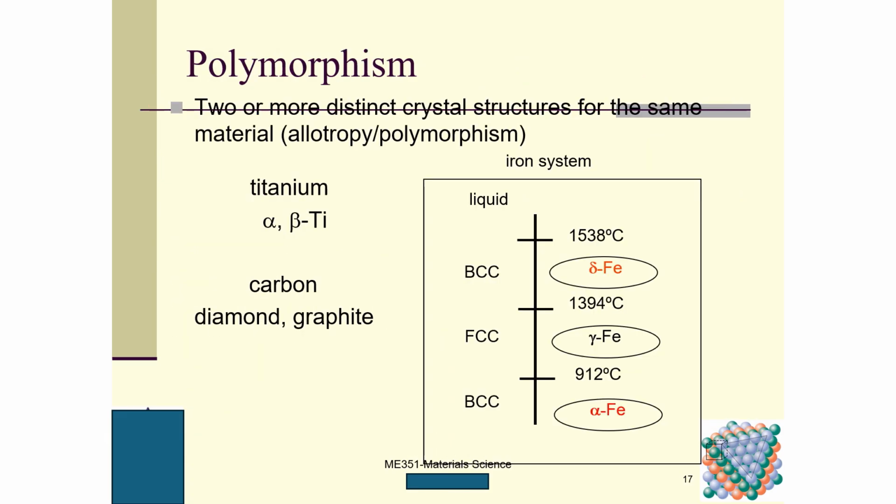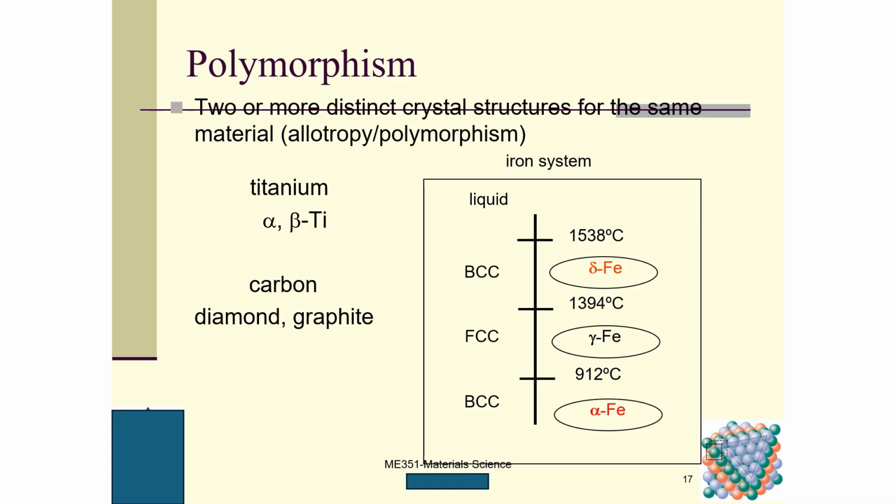And then we talk about polymorphism. What is polymorphism? Two or more distinct crystal structures for the same material. Allotropy, polymorphism. For example, this is titanium.